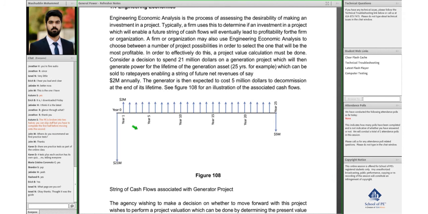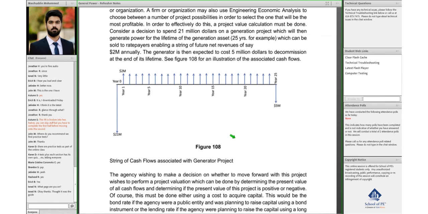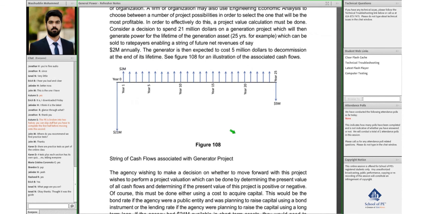You see the upward arrows, which means there's a positive cash flow starting from year 1 through year 25. Then it says that towards the end of year 25, there is a decommissioning cost of $5 million, which the company has to spend in order to retire this plant. So that's another $5 million they have to spend after the $21 million they spend right now.